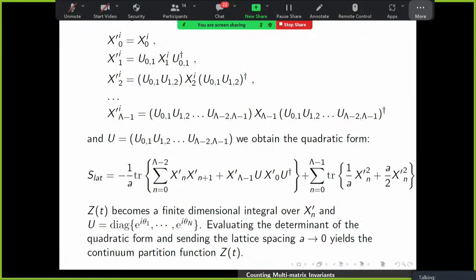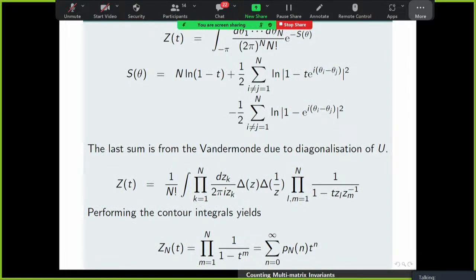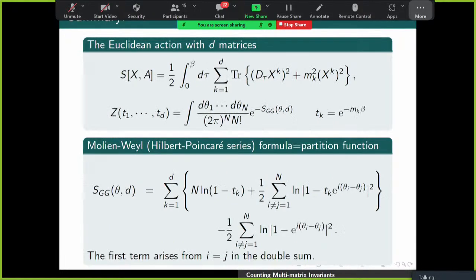And by changing variables, one can move all of the gauge transformation to one side. I'm going to skip this because I'm not going to have really time to do it, but it's in the transparency, so if someone wants to look at it. And eventually one comes down to quantizing it. One has a quadratic form that had to be evaluated up here in the lattice version.